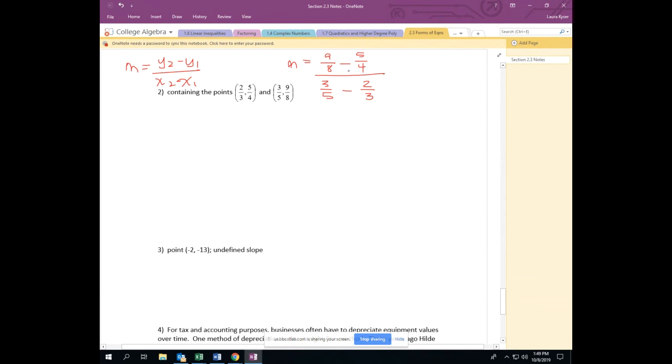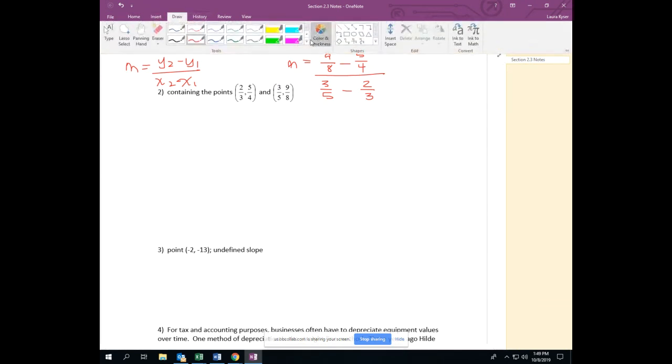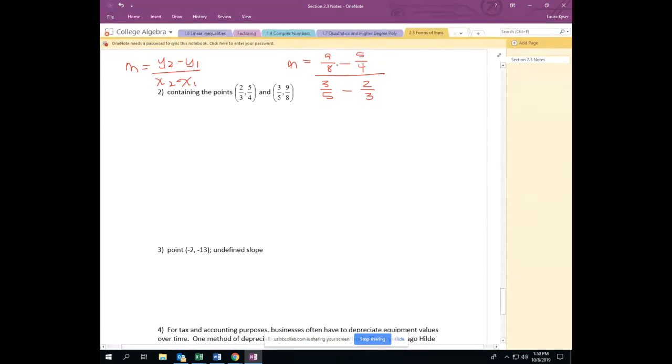Now, in order to simplify this, I need common denominators for the top and common denominators for the bottom because I can't combine them in this form. So I'm going to go ahead and find an LCD. On top, it's 8, so let's bring a 2 in on the right. 9/8 minus 10/8. On the bottom, it's 15, so we bring in a 3, bring in a 5.